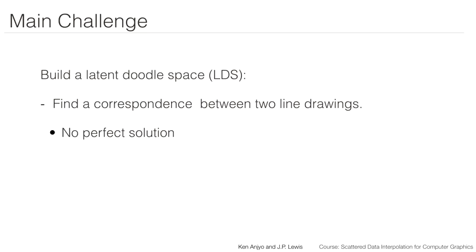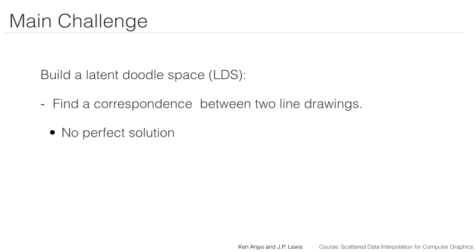Then we want to make a good correspondence between 2 line drawings, because each face model consists of many connected cross lines, and each line is described as consisting of several line segments. And we need to make a good correspondence between these 2 line drawings.